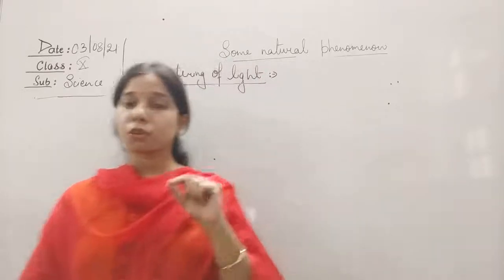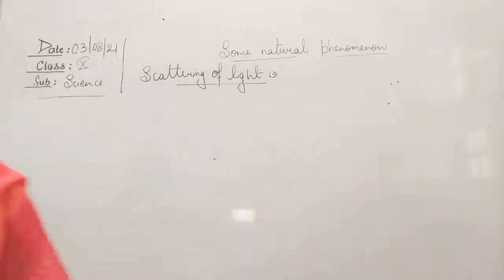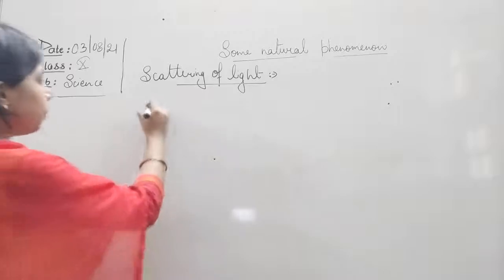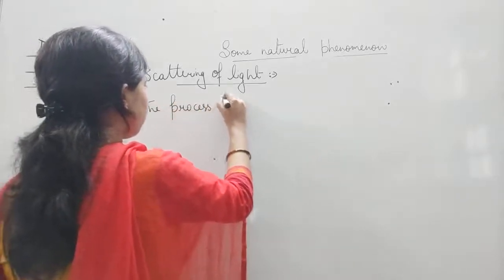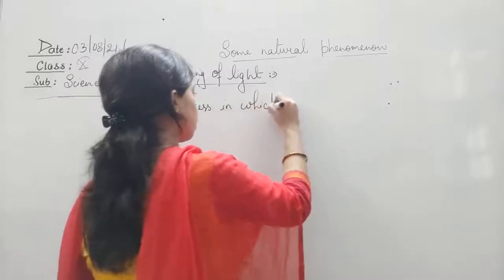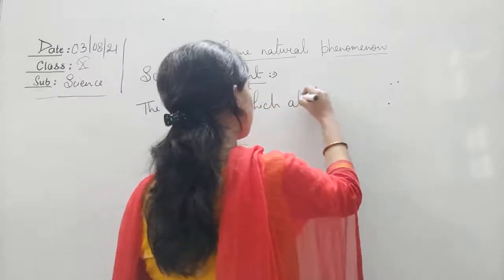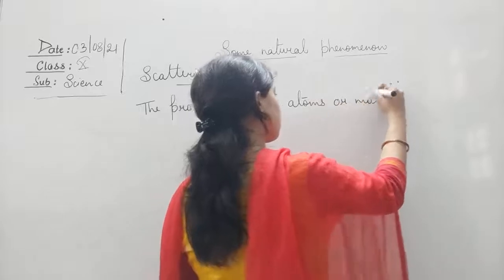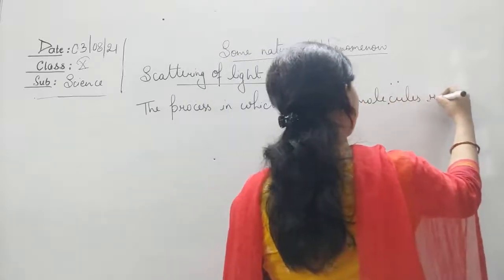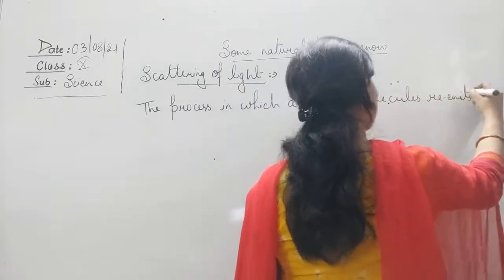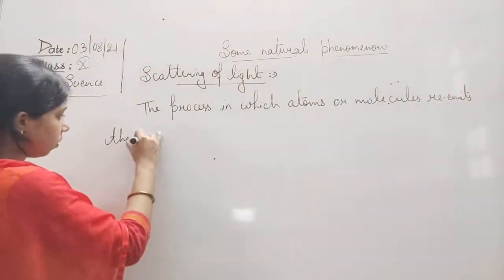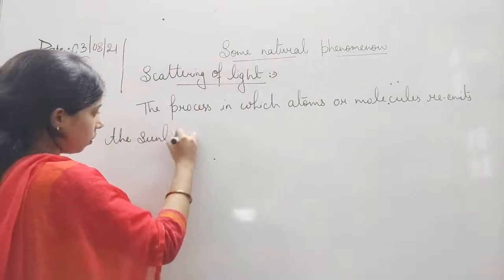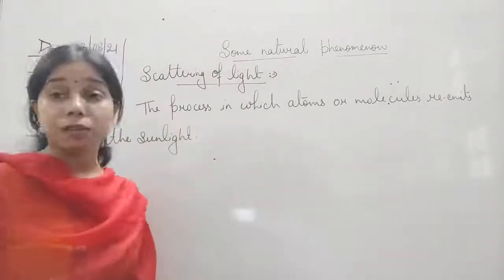So first of all, we must know what is the scattering of light. So scattering of light is the process in which atoms or molecules re-emit the sunlight. That is called scattering of the light.